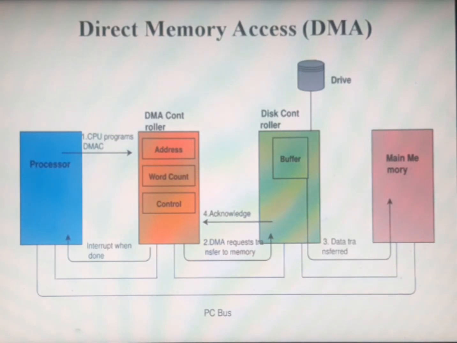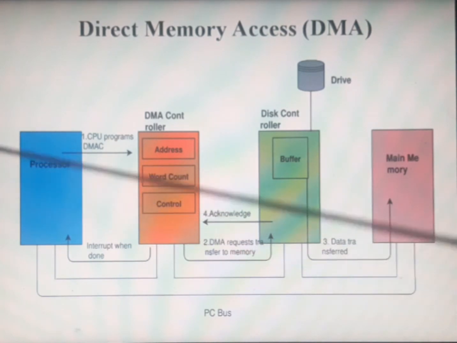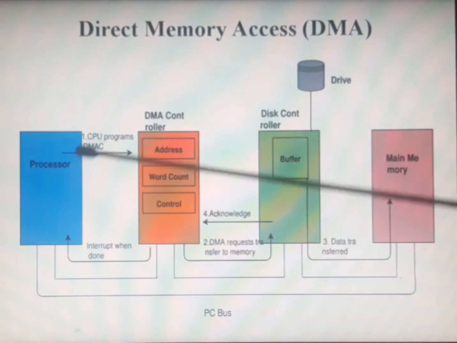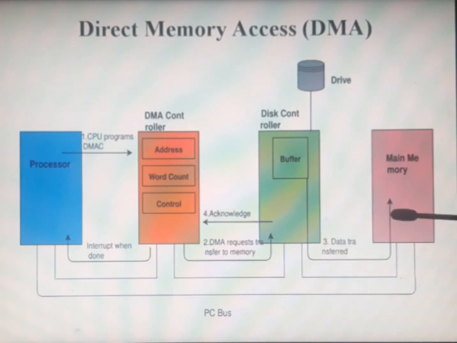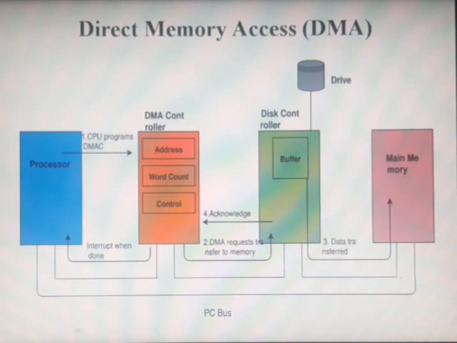The processor will leave that process, take up your request and allot the memory. If this repeats multiple times, it becomes a problem to the CPU, because interruptions will be more.